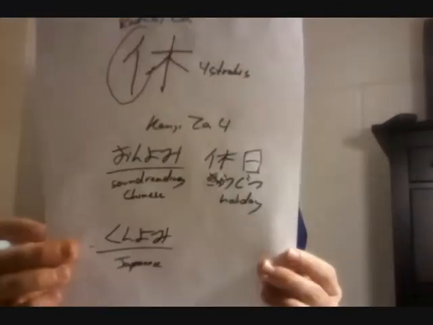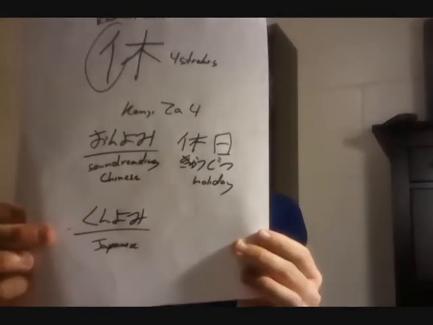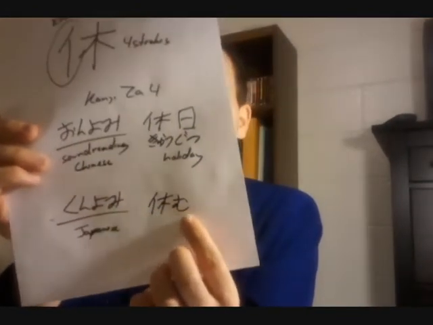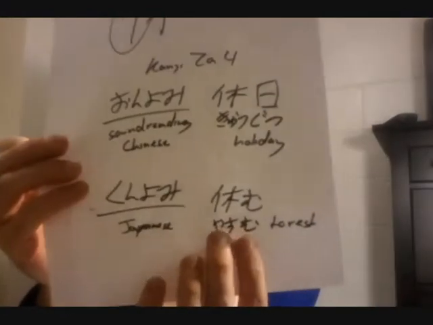Next one, we have Kunyomi. This one is a reading that's purely Japanese. And we know when the reading is Kunyomi when there's a kanji and a hiragana attached to it. So together, these read Yasumu, which means to rest.